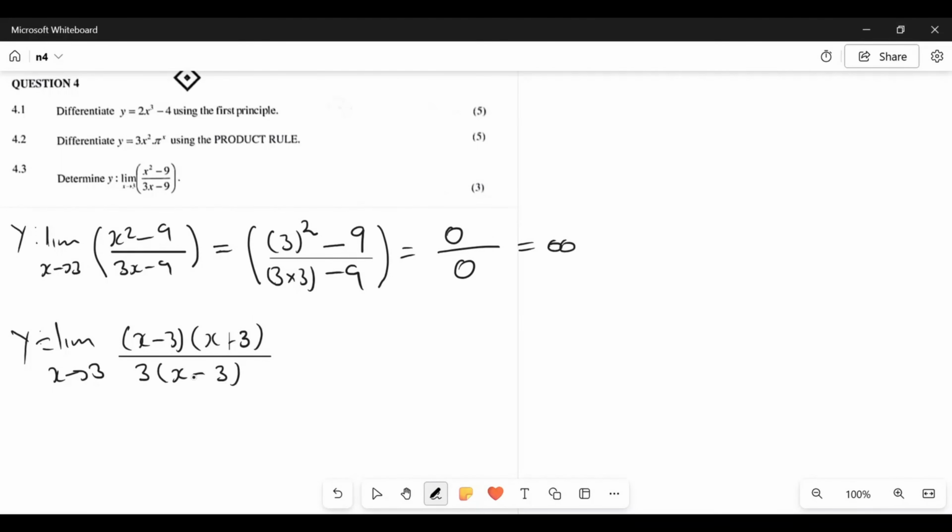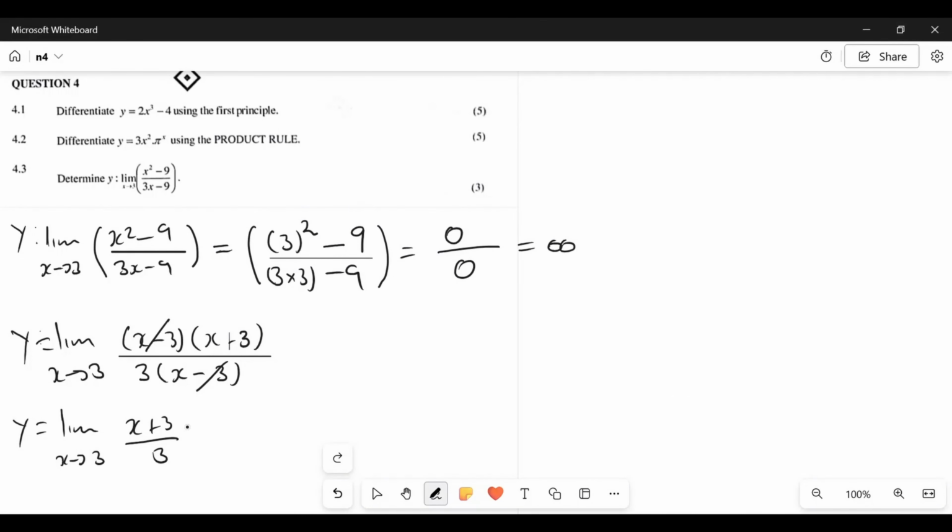Now, we have x minus 3 and another x minus 3 there. So what we are left with is the limit as x approaches 3 of x plus 3 divided by 3. That 3 there. There we go.